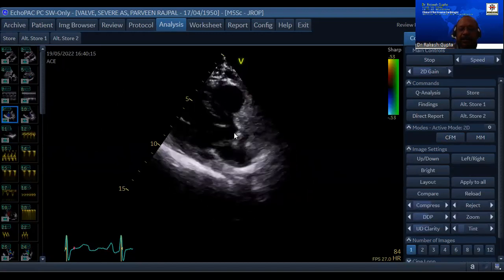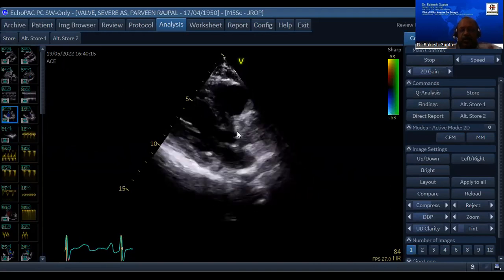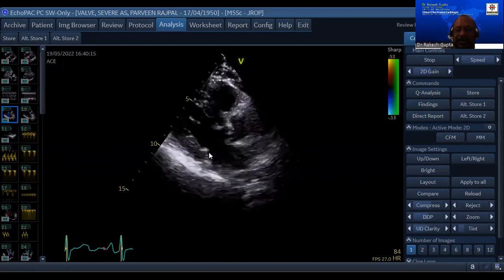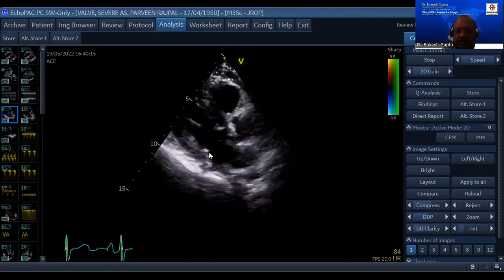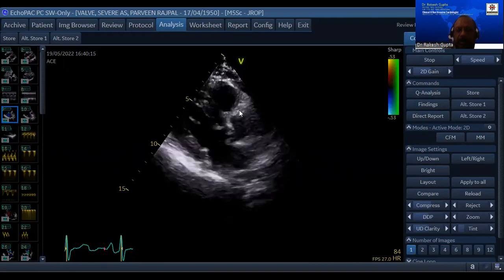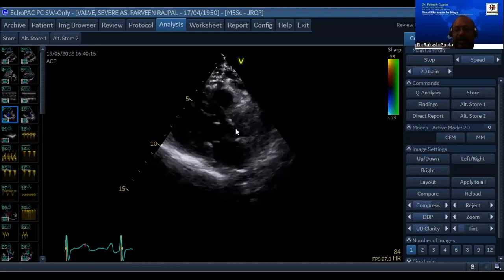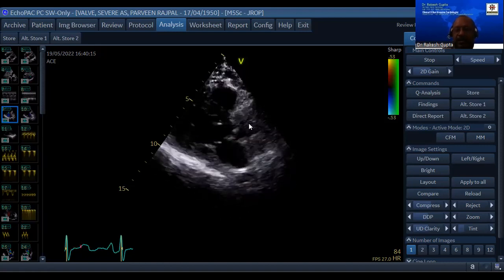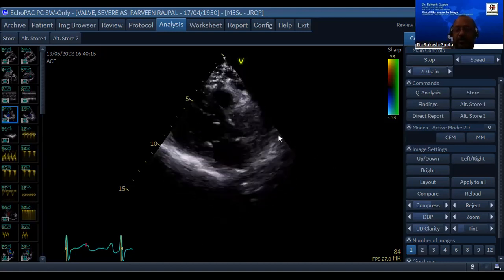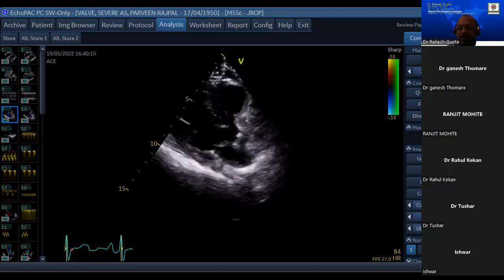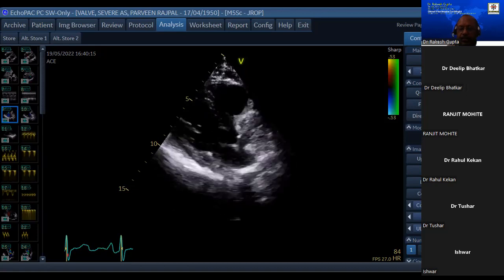Can you see this thickening of the aortic valve leaflet, thickening, calcium and restricted opening of the aortic valve leaflets? Correct? Yes, sir. And this is mitral annular calcification. So we have thickened, calcified aortic valve leaflets with less opening.